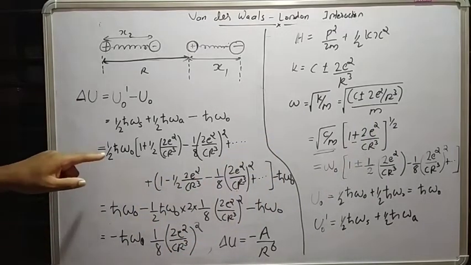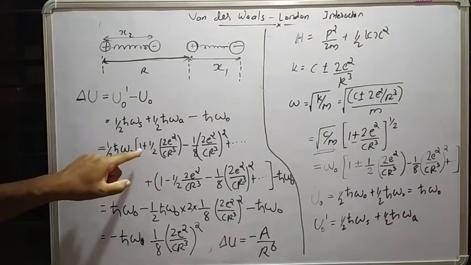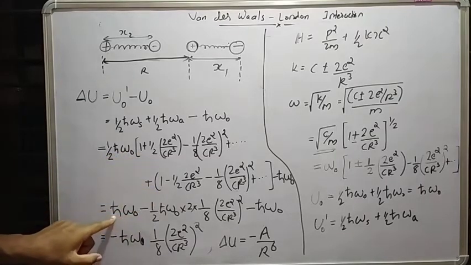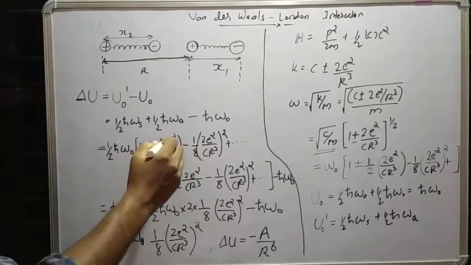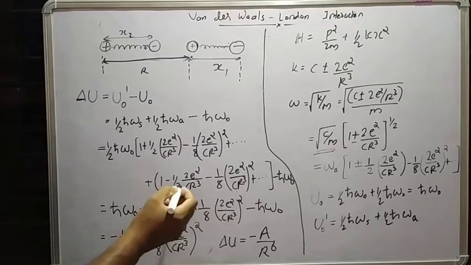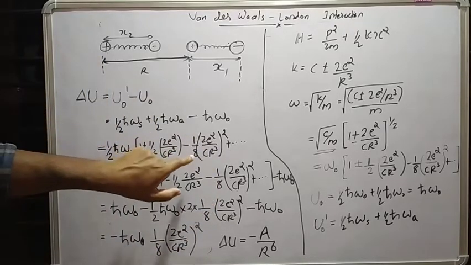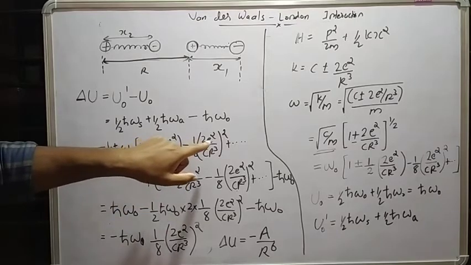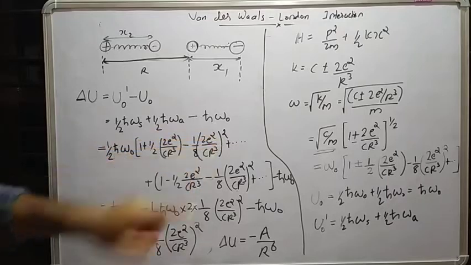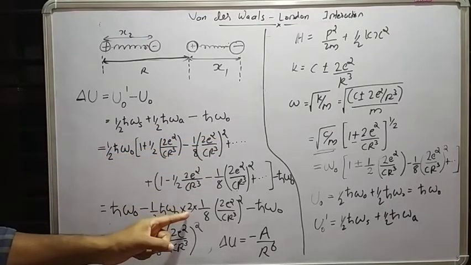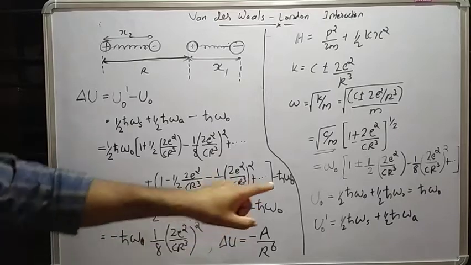That is equal to half h cross omega naught plus half h cross omega naught, which gives h cross omega naught. The terms plus half of 2e square over C r cube and minus half of 2e square over C r cube cancel, and the terms minus 1 by 8 of (2e square over C r cube) whole square add up, giving 2 into 1 by 8 of (2e square over C r cube) whole square, minus h cross omega naught.